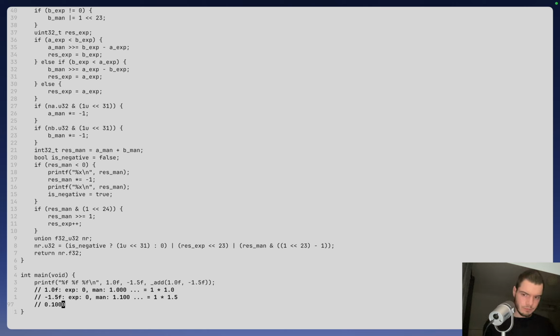Because one rule, as we learned earlier, is that the mantissa always has this implicit 1 point, except for this one special exponent value. But here, our mantissa has a leading 0. So to account for that, we need to shift this resulting mantissa to the left until we have some value where there is a 1 point and then the mantissa bits. And then we can copy the lower 23 bits into our resulting floating point value.